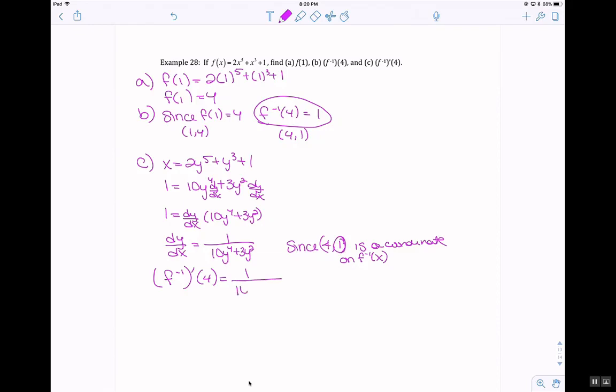So 10 times 1 to the 4th plus 3 times 1 squared. So f inverse prime of 4 is equal to 1 over 13. Okay? So to do this, I had to actually find a and b before I could evaluate that inverse at 4. Okay?